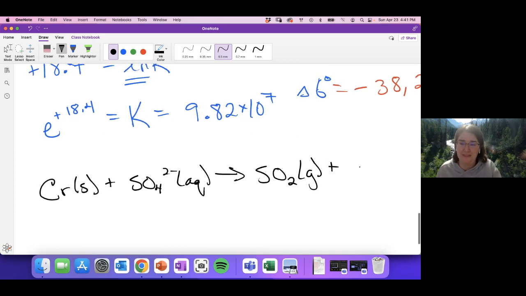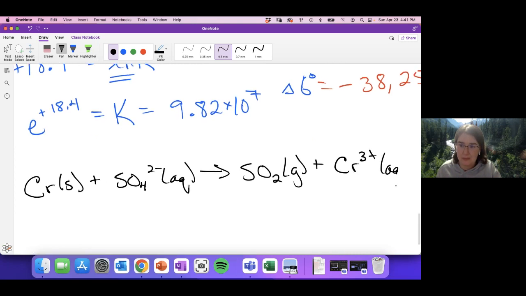We'll see if I fall off and stop that. There we go. And we're going to balance this. I really don't want to do this twice. We'll balance this in base. We'll balance in basic conditions.